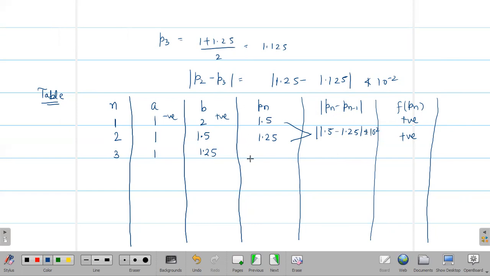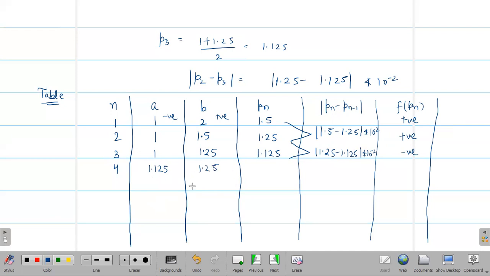Then again you find its midpoint 1.125. Then again you find the accuracy, 1.25 minus 1.125 is not less than 10 raised to minus 2. If you check its sign, it is negative here. So now you will replace the negative sign, meaning 1 will be replaced with 1.125 and 1.25 will be the same.